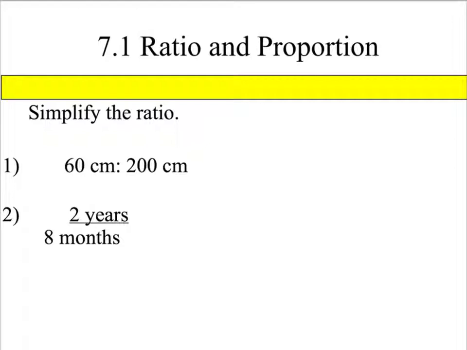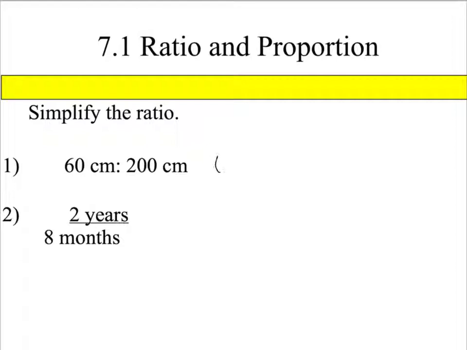All right? So when you look at these 2 problems, we know that 60 centimeters and 200 centimeters can be divided by a single number. I think the easiest way to start this, because they both have zeros in the end, is to divide each one by 10.